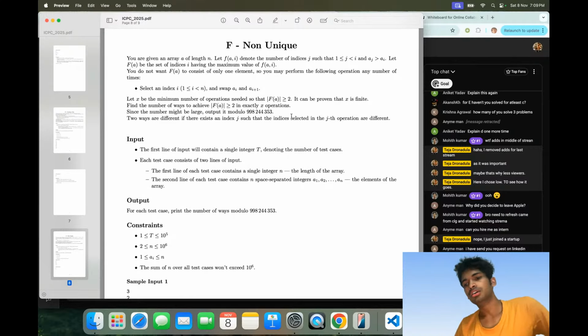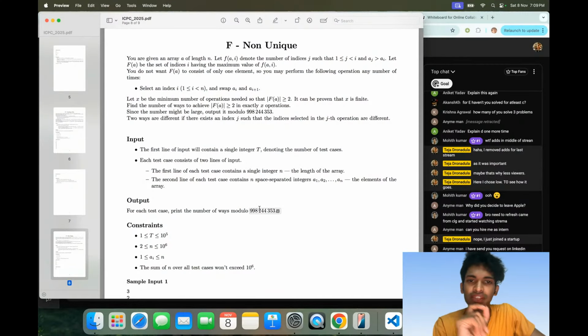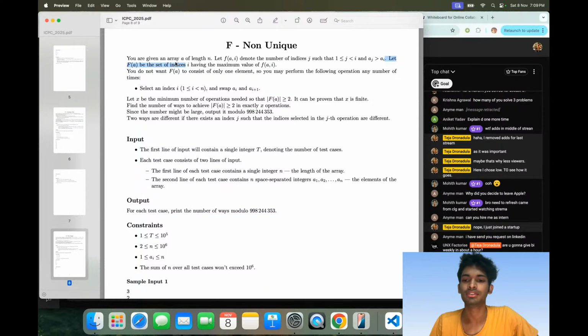See, in A, only relative ordering matters, right? So what I'm telling is, you have f of A's value, the number of things before that. So is there a bijection? Think about that. If you know f of A values, can you come back to A? I mean, may not be exact A, but can you come back to A?